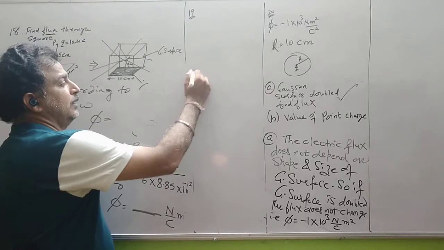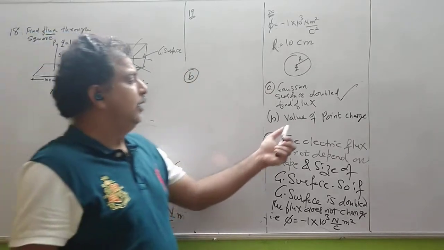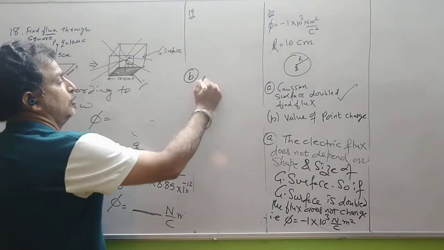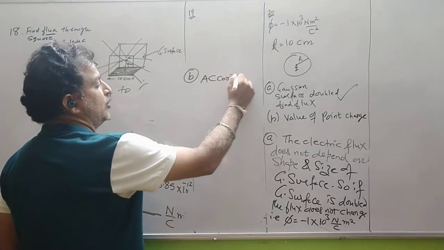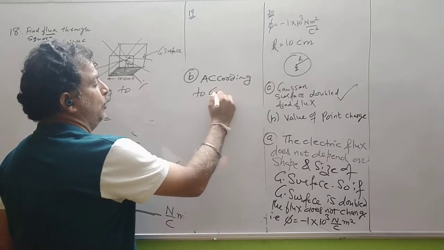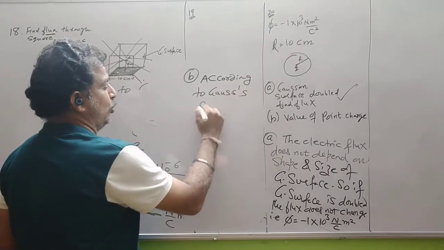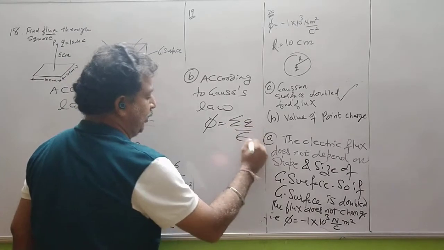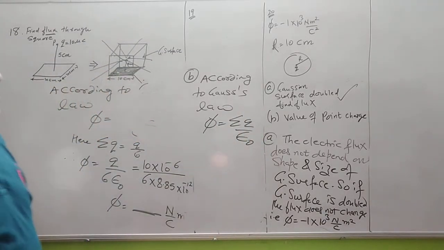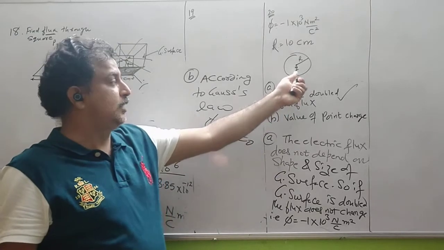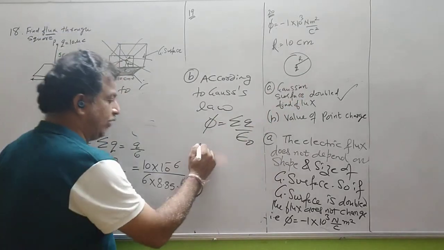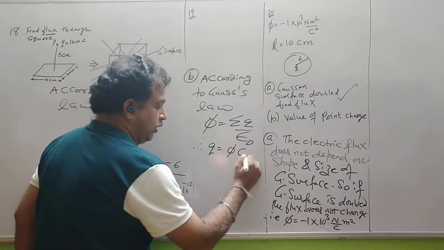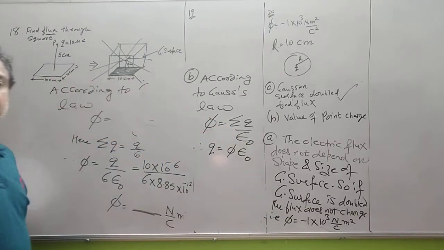Second part, which is again very simple. The flux is given, you have to find out the value of the point charge. Again, direct application. According to Gauss law, flux is equal to summation q upon epsilon naught, where summation q is the charge enclosed in the Gaussian surface. Therefore, q is equal to flux multiplied by epsilon naught.